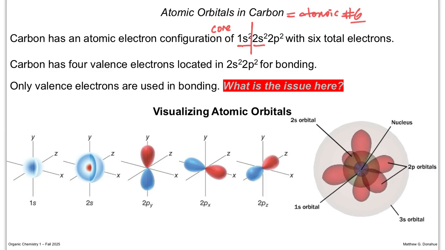Then the other thing gets back to the disposition in space of these orbitals, as the student said about the bond angles. Say the 4 valence electrons were not spin paired, and you could use them in bonding. Well, look at these orbitals.